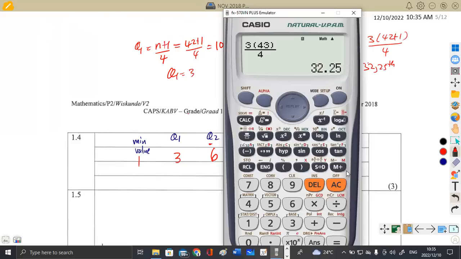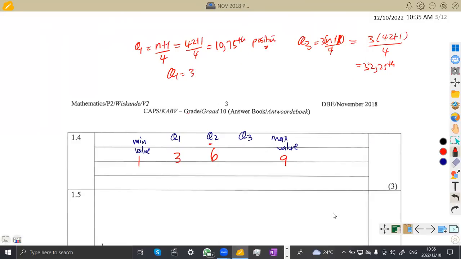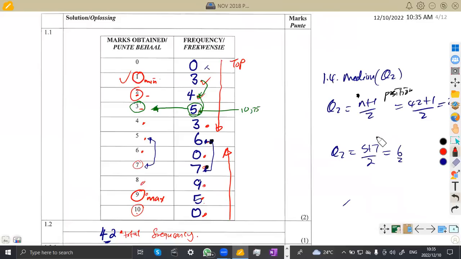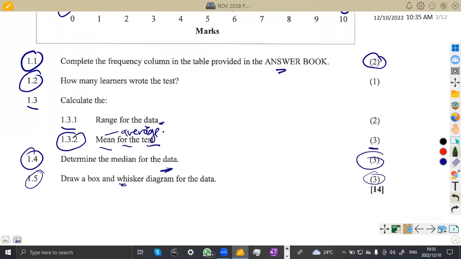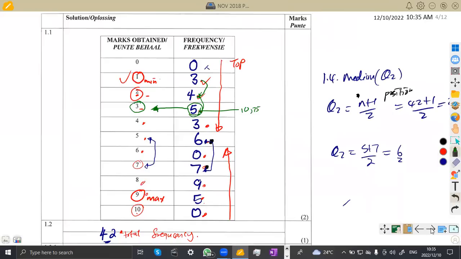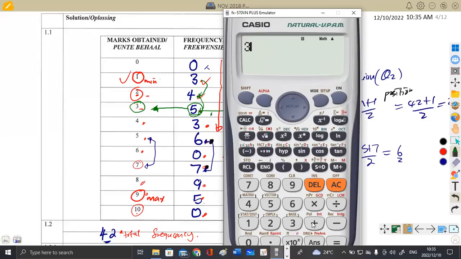I'm going to add just like what we had. Here we were at 10.75, so we continue from there, adding until we get 32.25. We've got 3 plus 4 plus 5 plus 3 plus 6, which is 21, still less than 32.25.